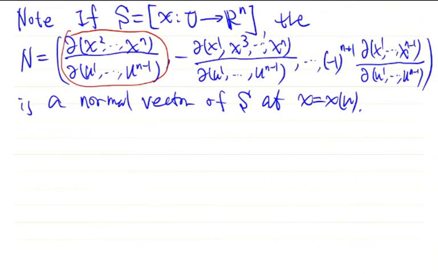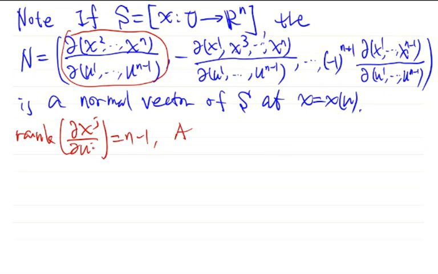Our condition of the parametric surface says that the rank of the matrix (dxj/dui) is n minus 1. This means at least one of the coordinates ni of the vector N could not be 0. At least one of them is non-zero, because this rank is n minus 1.